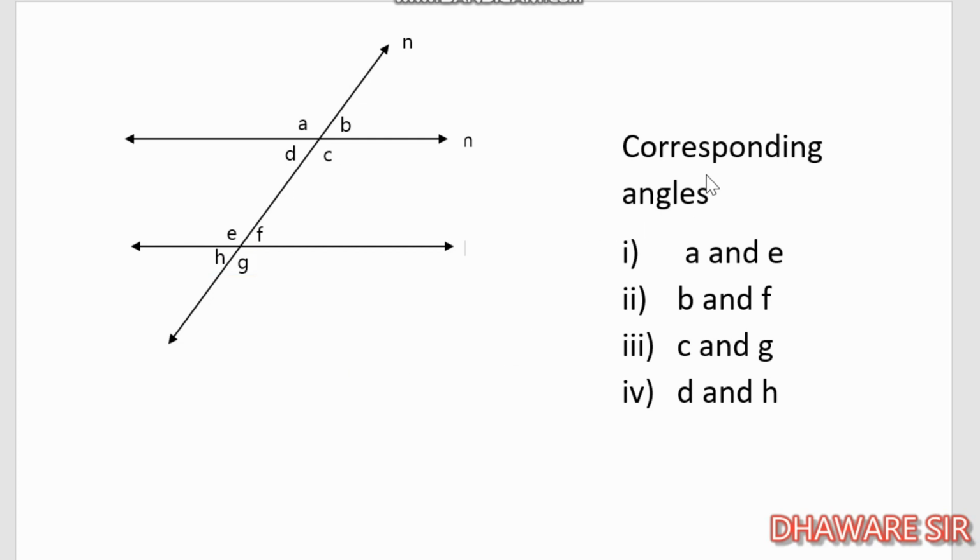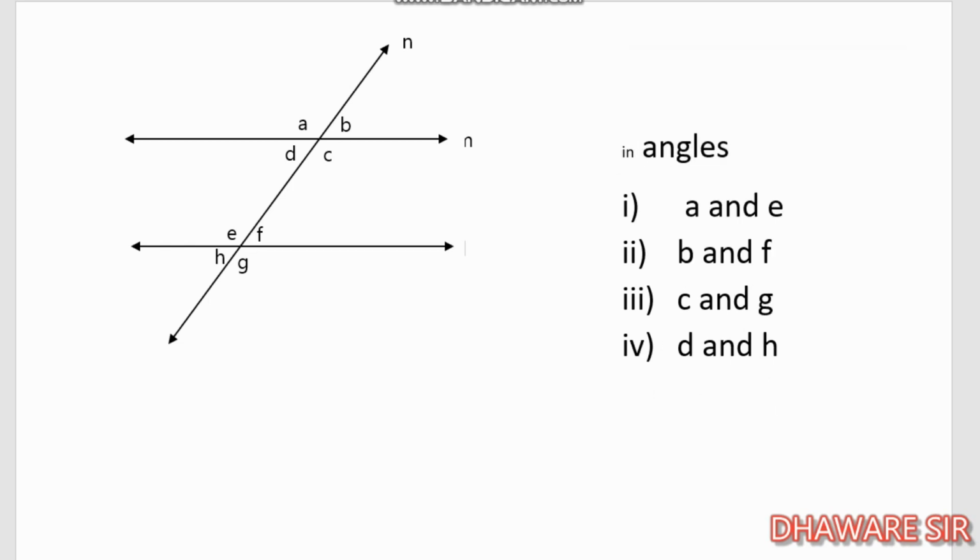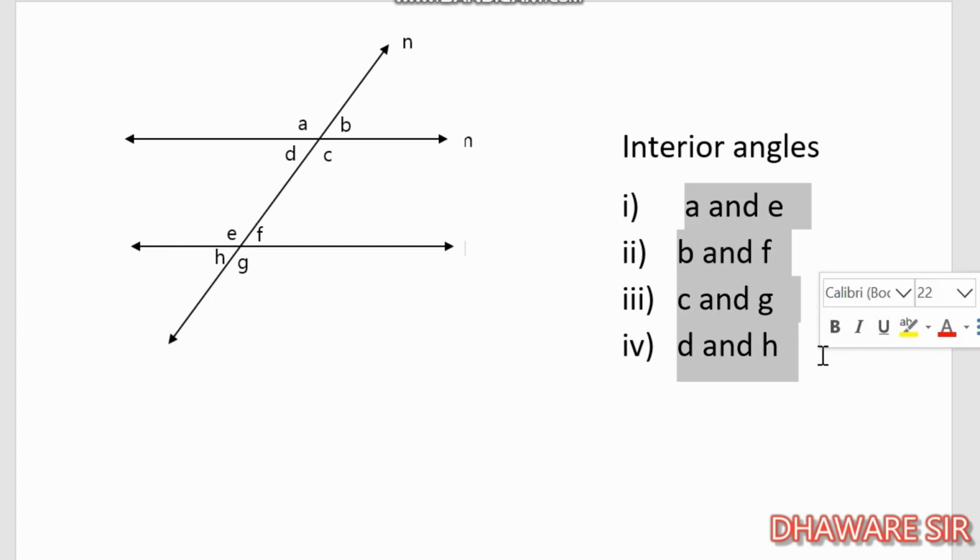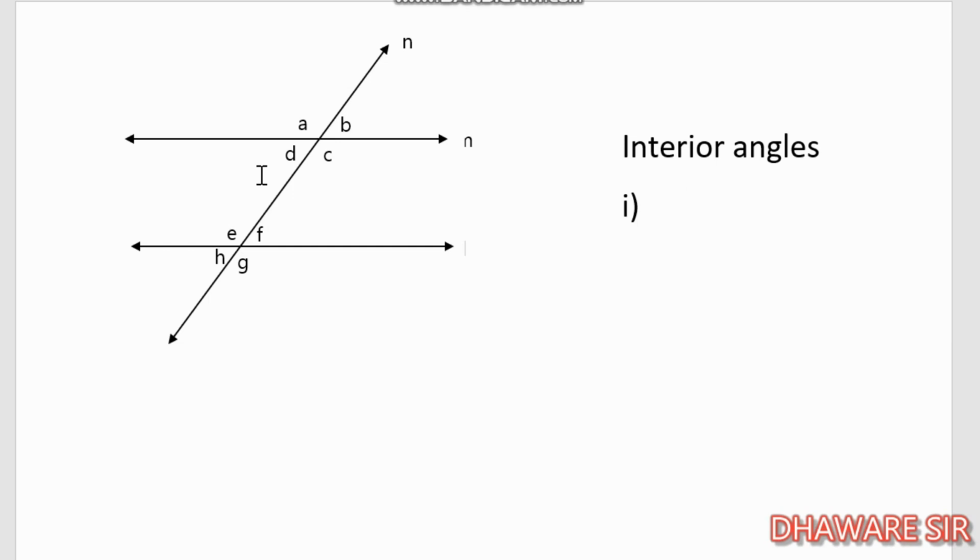So next we are going to write the interior angles. What are the interior angles? There are only two pairs of the interior angles. What is the first pair?